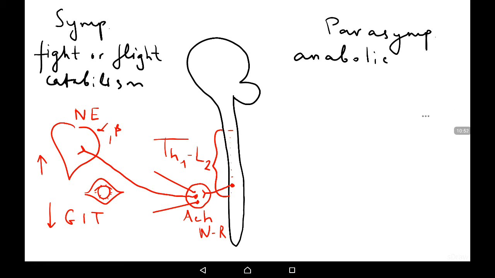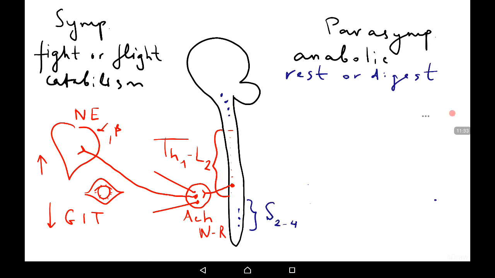Parasympathetic nervous system. Parasympathetic nervous system that is called rest or digest. Its preganglionic neurons are located in the sacral part of the spinal cord, S2 to S4, but also in the brainstem, in medulla oblongata, in midbrain, where we may find the nuclei of the cranial nerves.